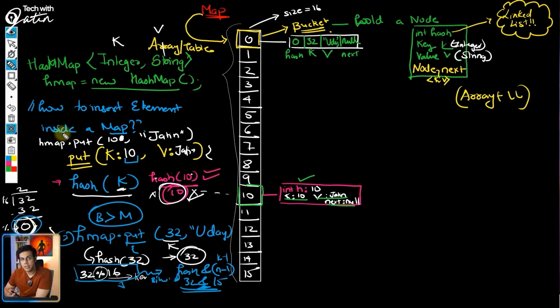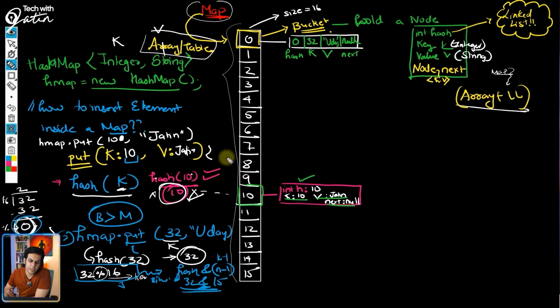Perfect. Now guys, just to reiterate whatever we have discussed so far. When you're talking about a map, a map basically consists of two things. It is a combination of your array, that is a table, and the next thing that it is going to have is a linked list. So if someone says what is a map, internally a map uses an array and a linked list.